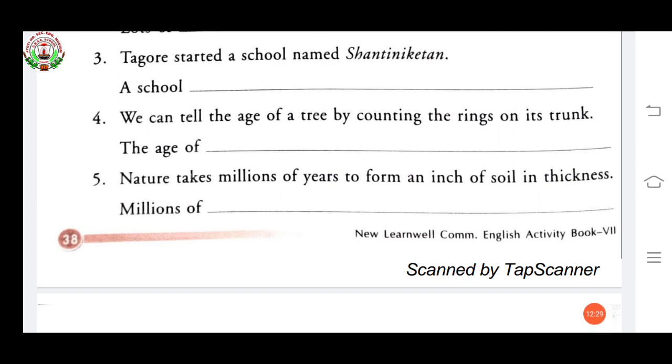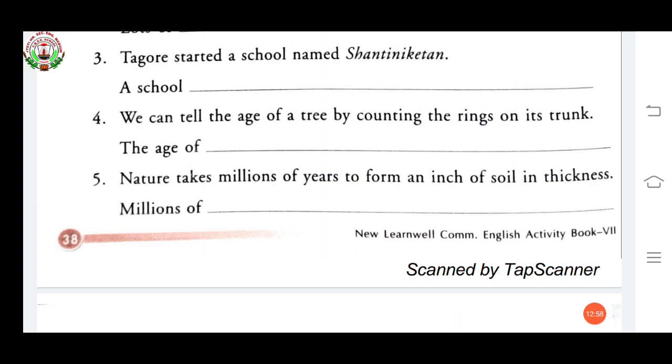The age of a tree can be told by counting the rings on its trunk. Now, fifth one.